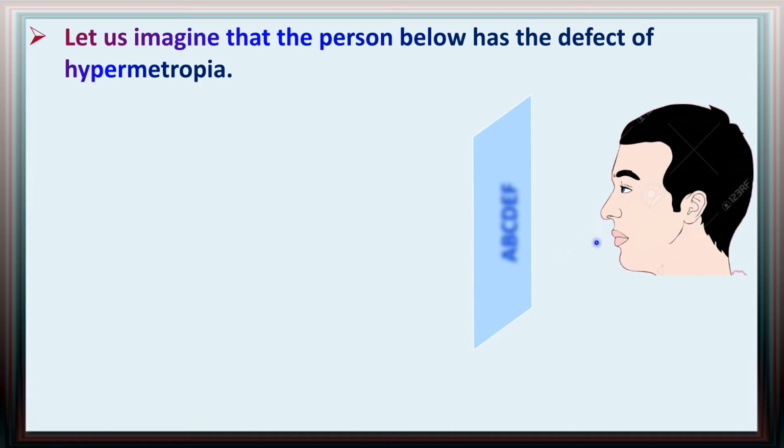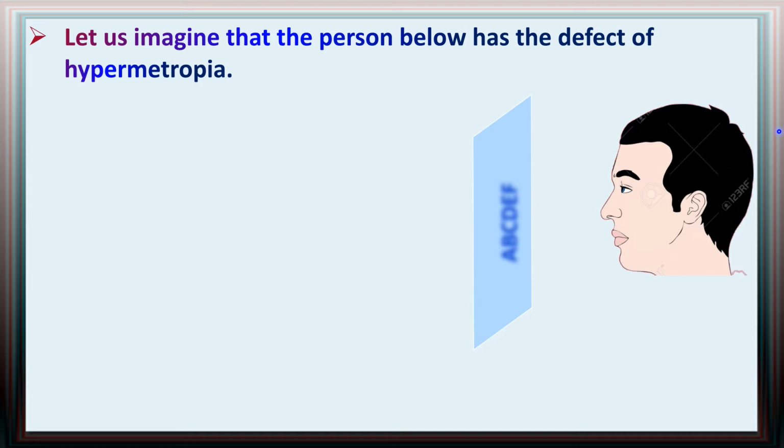So the near point, what is the near point? The near point is nothing but the point of minimum distance where things are seen clearly.